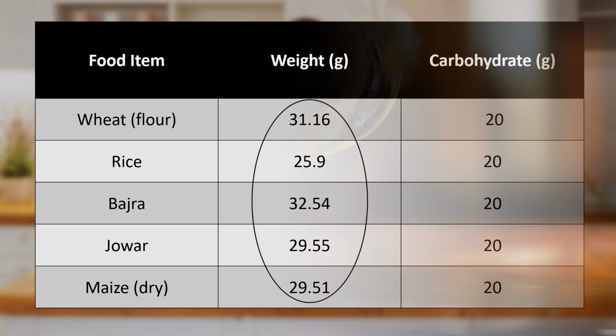And we know that carbohydrates provide us energy. So what we are doing? We are grouping different foods which would provide approximately similar amounts of either carbohydrate, protein or fat. Like cereals will provide us carbohydrate.